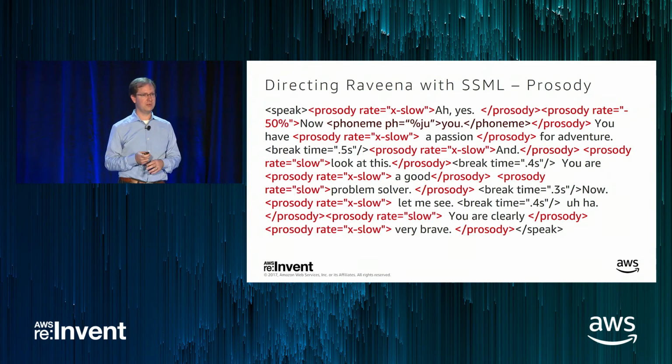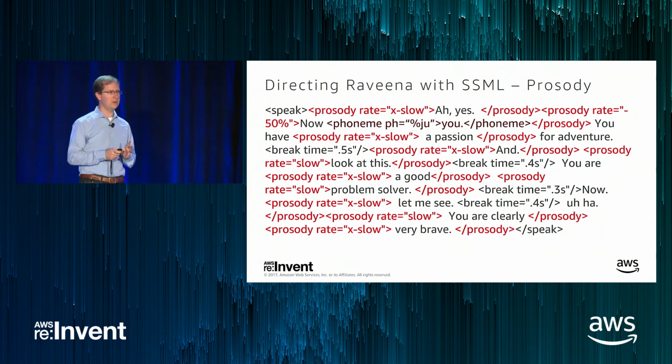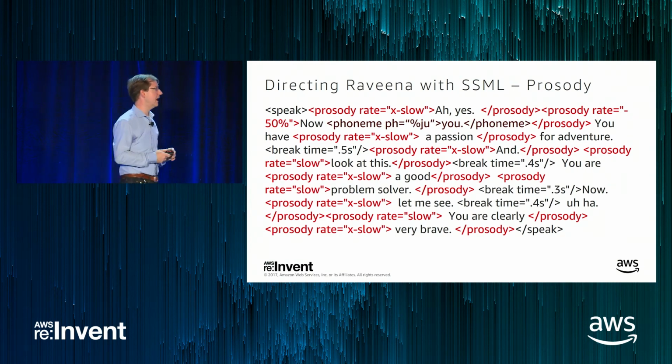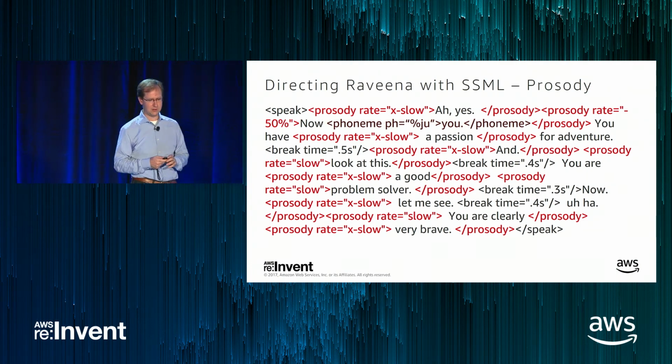A lot of people might tell you that terse voice interfaces are really important. And we agree that it's important to be terse, but it's also really important to make sure that your user has an opportunity to absorb what you're telling them. For us, very often that means slowing stuff down a little bit.